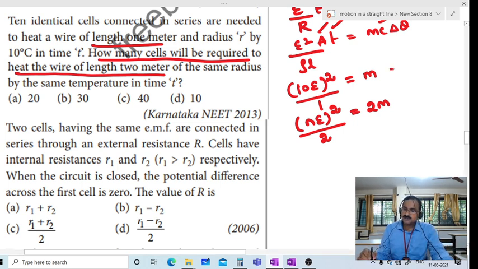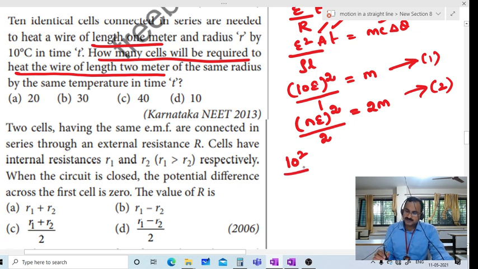This is the only information required: equation number 1 and equation number 2. Divide both. 10 square will remain, E square cancels, n square is there, divided by 2 means 2 will come here. So 1 divided by 2 we have to make to solve it.